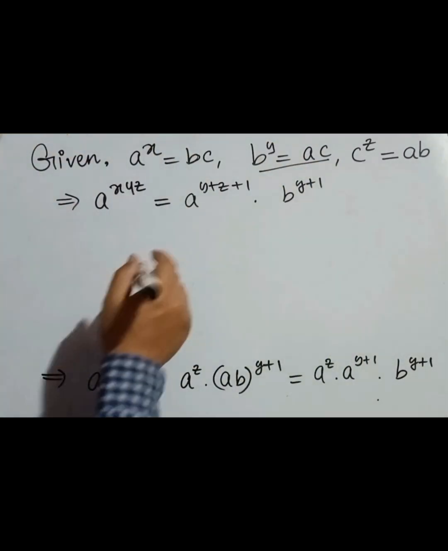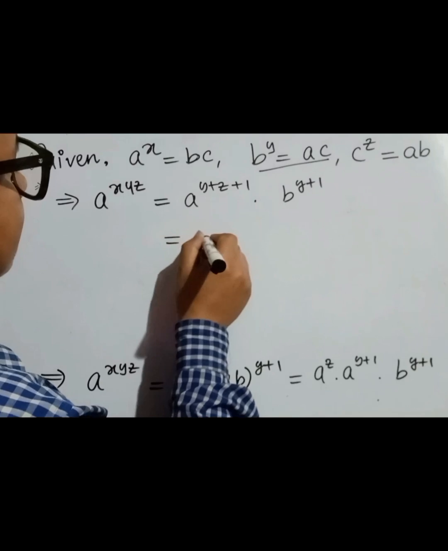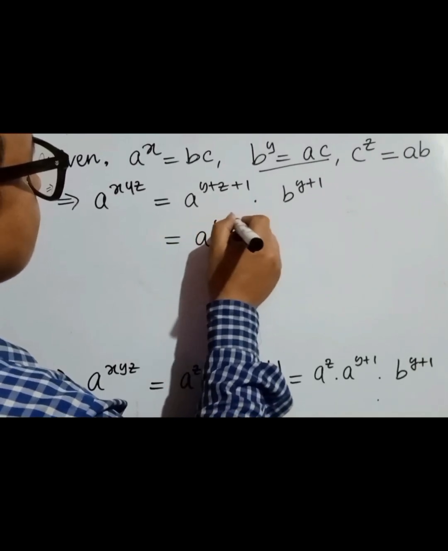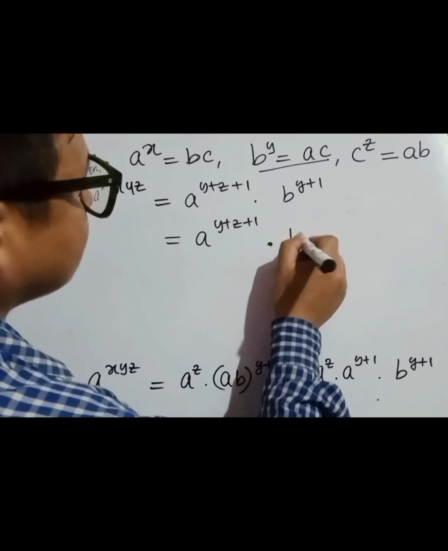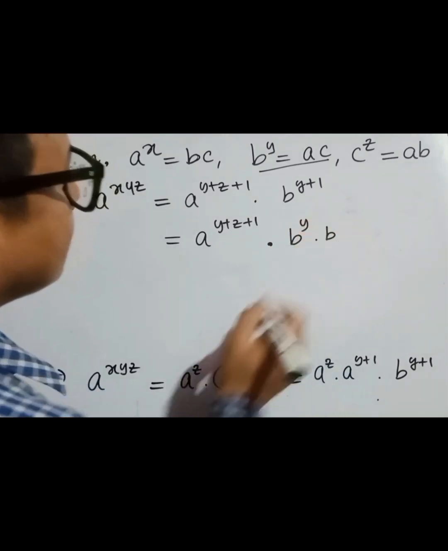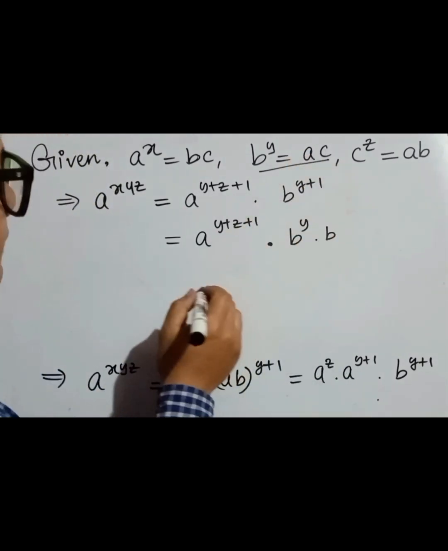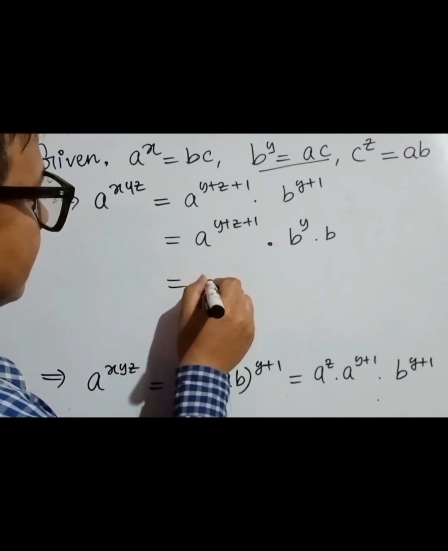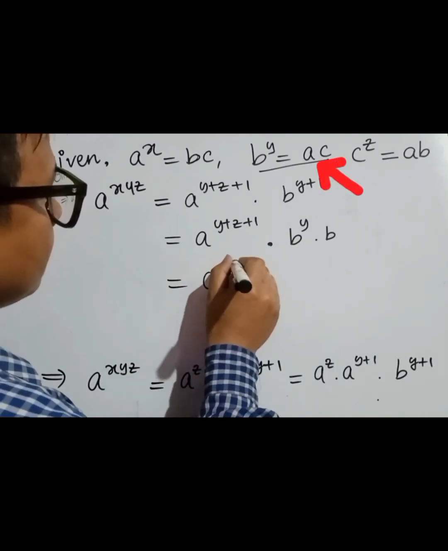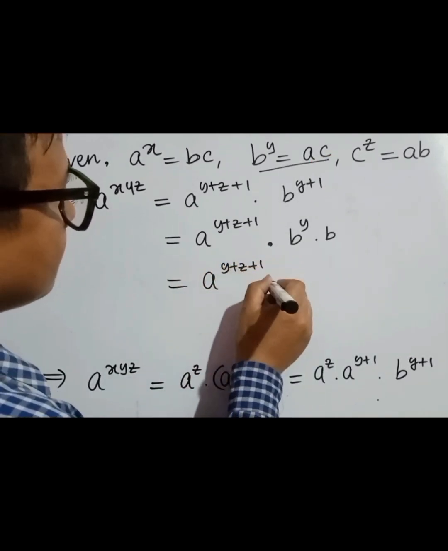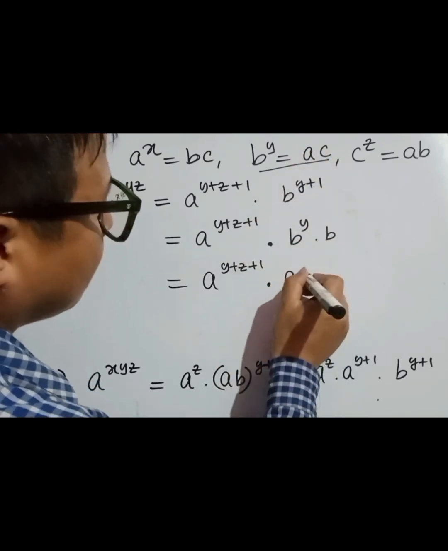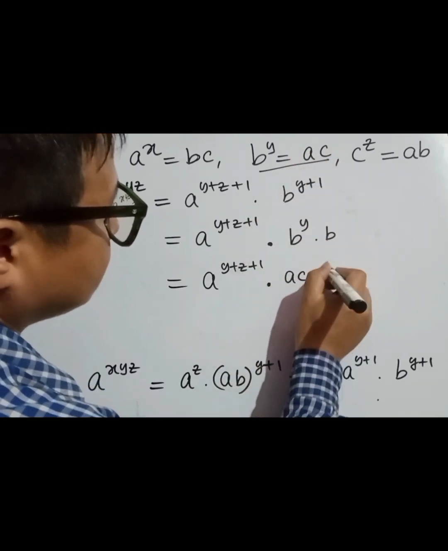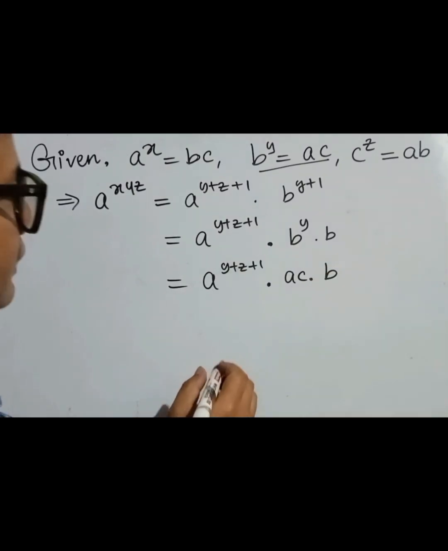Again, in the next line, we can split this b to the power y plus 1 into two parts, b to the power y into b to the power 1, that is b. Again, b to the power y can be substituted with a into c, so right hand side becomes a to the power y plus z plus 1 into ac into b, because b to the power y is equal to ac.